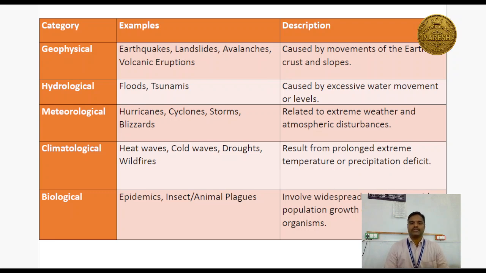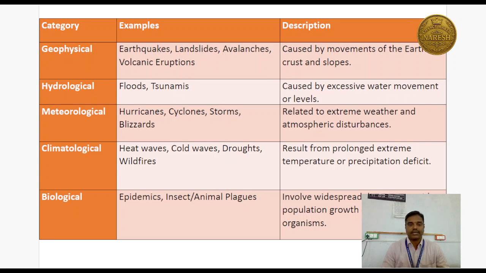Then climatological disasters, the best examples are heat waves, which we find in drought areas, and cold waves, which we find in the polar regions like the North Pole and the Arctic and Antarctic regions. Then droughts, and wildfires, for which we just gave a best example. The description for that is that it results from prolonged extreme temperature and precipitation deficit.